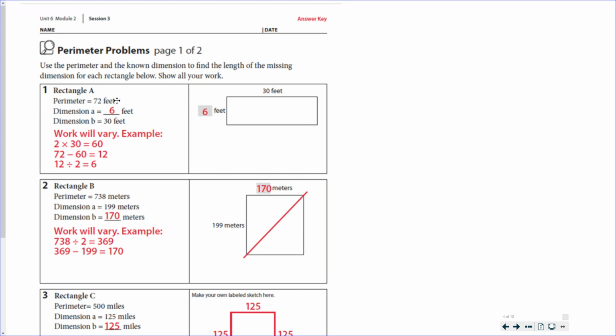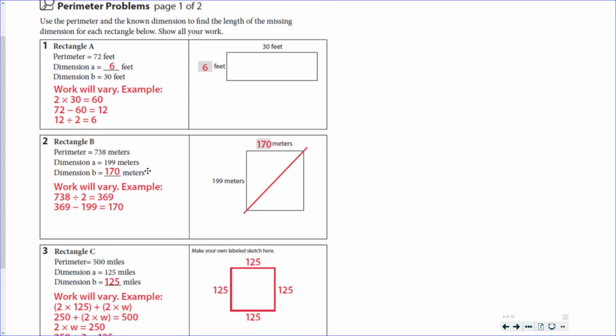We know that the total perimeter for this problem is 72. Well, we took that 72 and we subtracted the 60 that we already know. We ended up with 12. The 12 represented both this side and this side together. So that's why they took the 12 and divided it by 2 to end up with 6. Something very similar to what we did in lesson 2 back on Thursday before spring break.